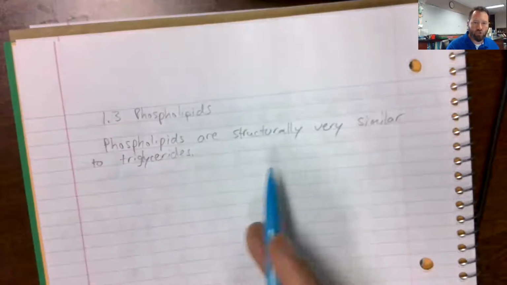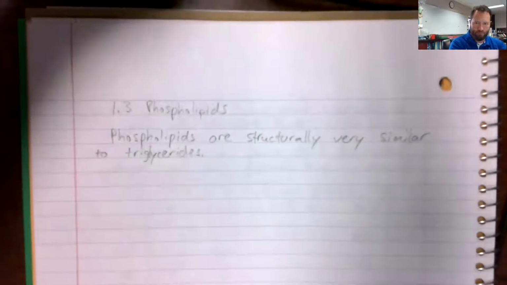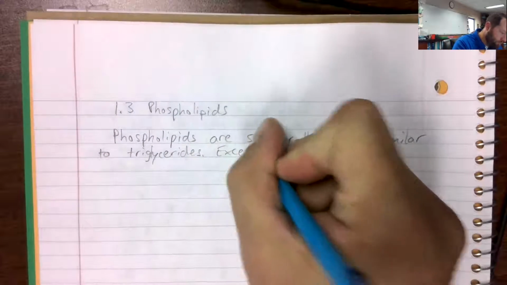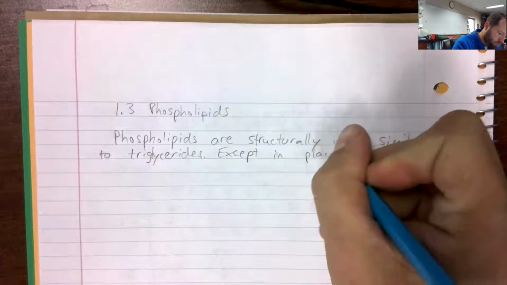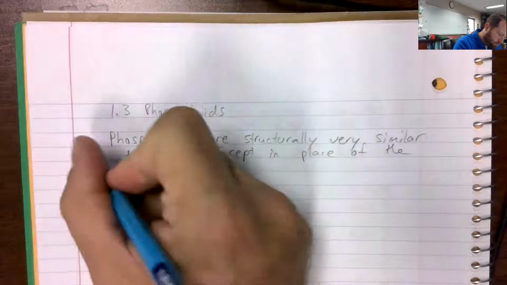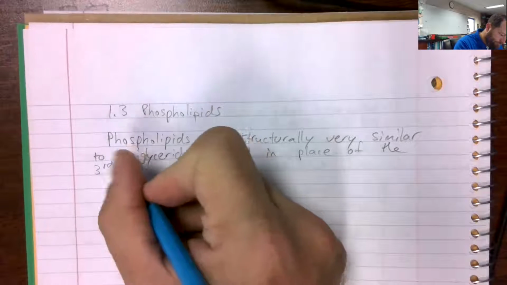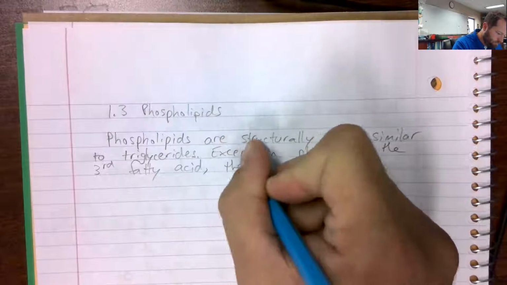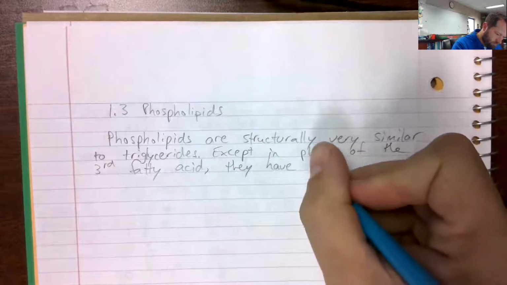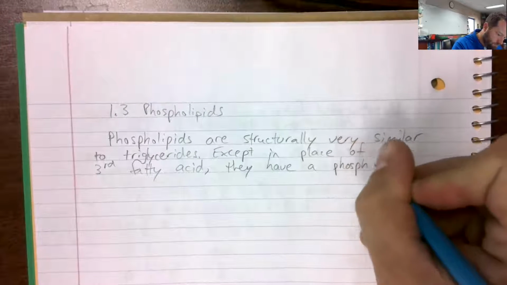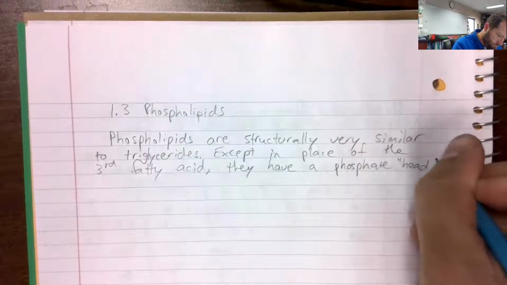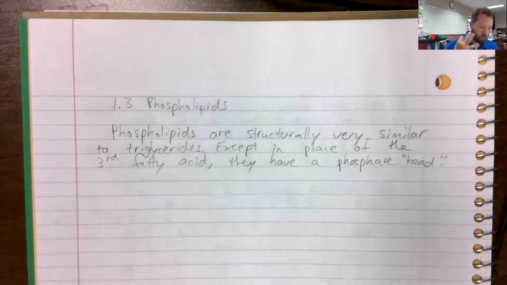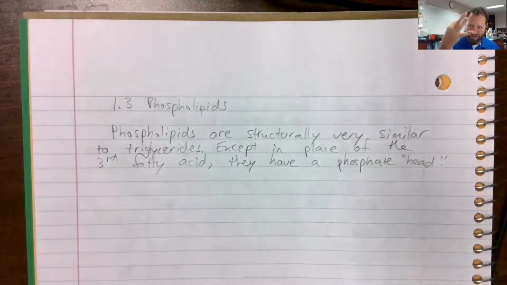So phospholipids are structurally very similar to triglycerides, except in place of that third fatty acid that a triglyceride had, again, think tri, meaning three.